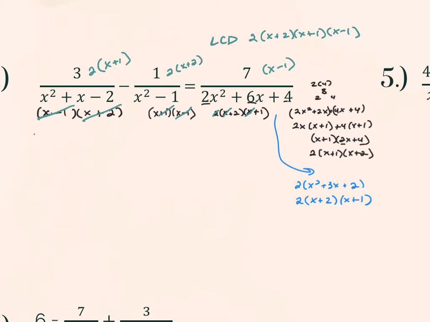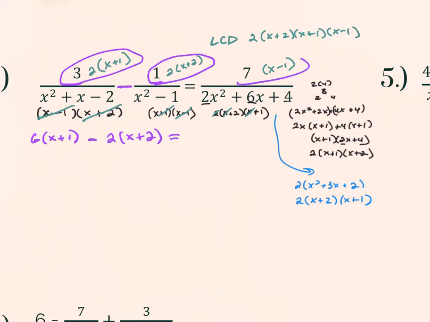So I get 3 times 2 times x plus 1, which is 6 times x plus 1, minus, don't forget that's a minus in between, 1 times 2 times x plus 2, which is 2 times x plus 2, equals 7 times x minus 1. Distribute.